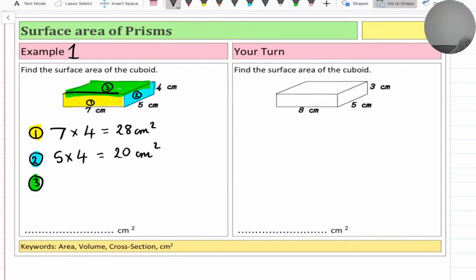It's hard to see that top one, I think. So it's going to be 7 across by 5 back, which is equal to 35 centimeters squared.